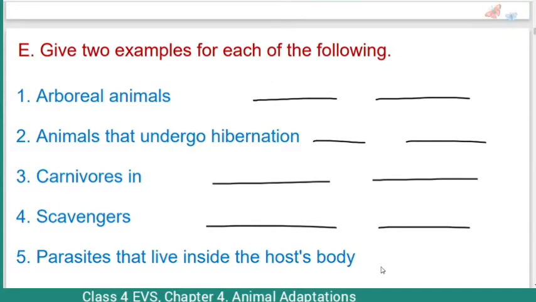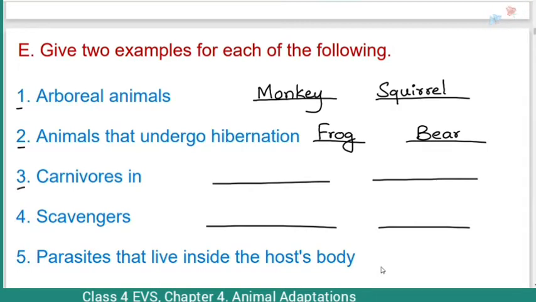Arboreal animals are monkey and squirrel. Animals that undergo hibernation are frog, bear.